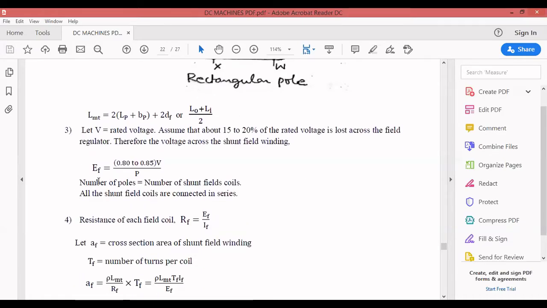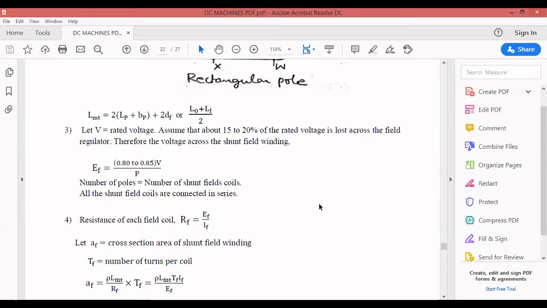So what is EF? EF is nothing but the voltage available in the shunt field winding, divided by P, that is, for a single pole: 0.80 to 0.85 V divided by P. V is whatever voltage you give to excite the field winding. P is the number of poles. Number of poles is equal to number of shunt field coils.